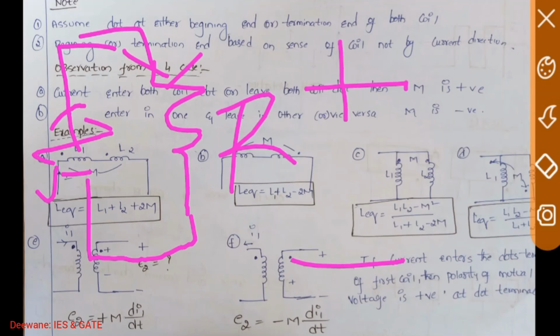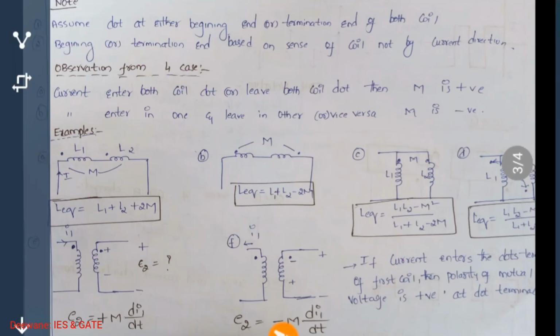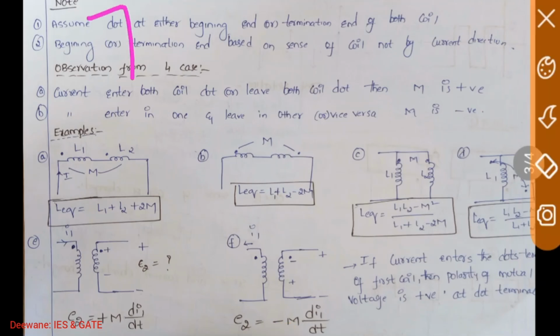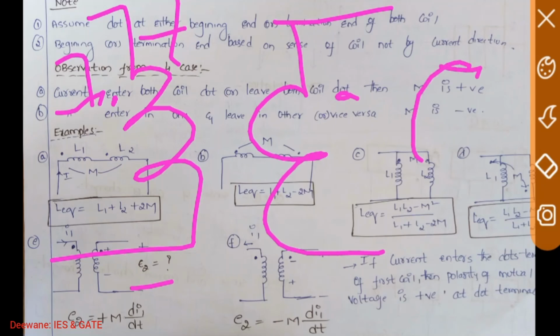This concept you apply here, in this case of the transformer. This is the source, this is the positive terminal. Current entered the source. For the sink, I told you the primary acts as a sink, so this is positive and this is negative. In the secondary, I told you current leaves the dot.